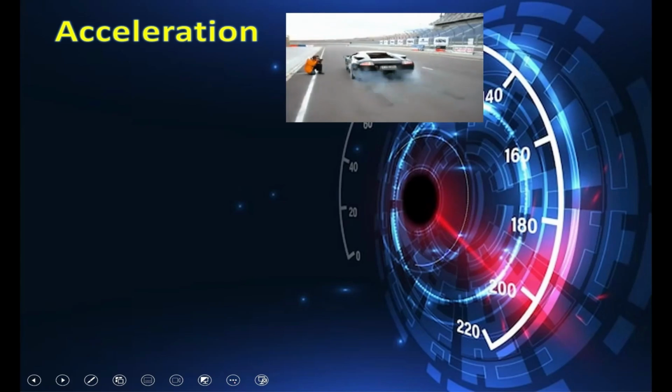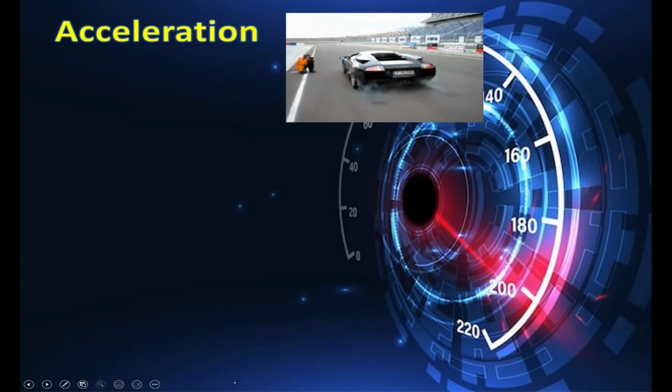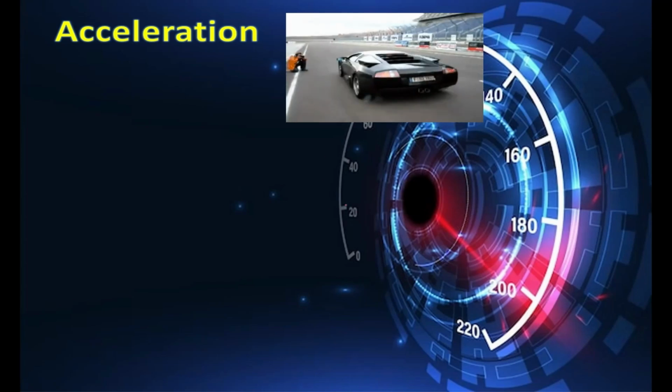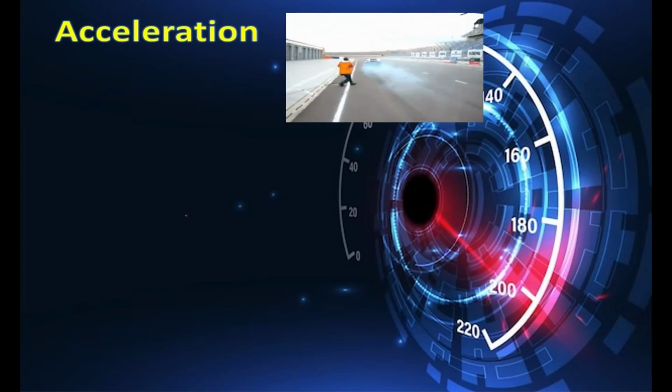Now we are going to talk about the acceleration. You know that when we want to accelerate anything, this means we are changing its velocity or its speed. What is the acceleration in physics?